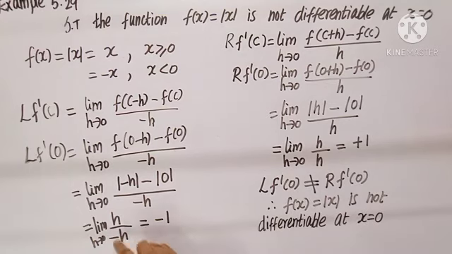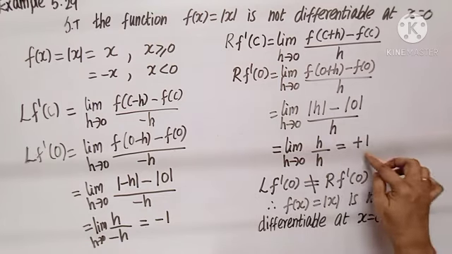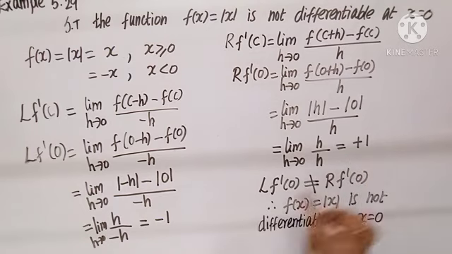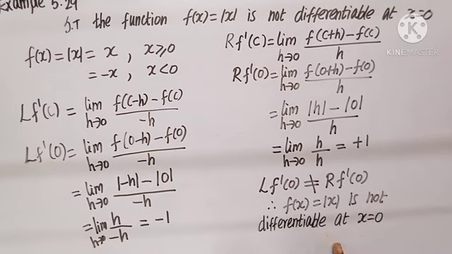Denominator minus h cancels and gives -1. Denominator plus h cancels and gives +1. -1 and +1 are not equal. So left and right derivatives are not equal, which tells us the given function is not differentiable at x = 0.